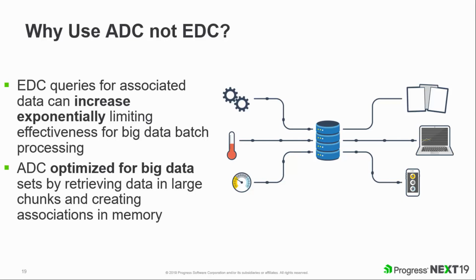So why use ADC and EDC? I talked about this a bit. EDC is great for lots of use cases, and I'm not trying to steer people away from it, because for a lot of use cases, using EDC or the easy data connectivity is a great fit. If you have data that tends to be flat, not lots of associations, it's a great solution.